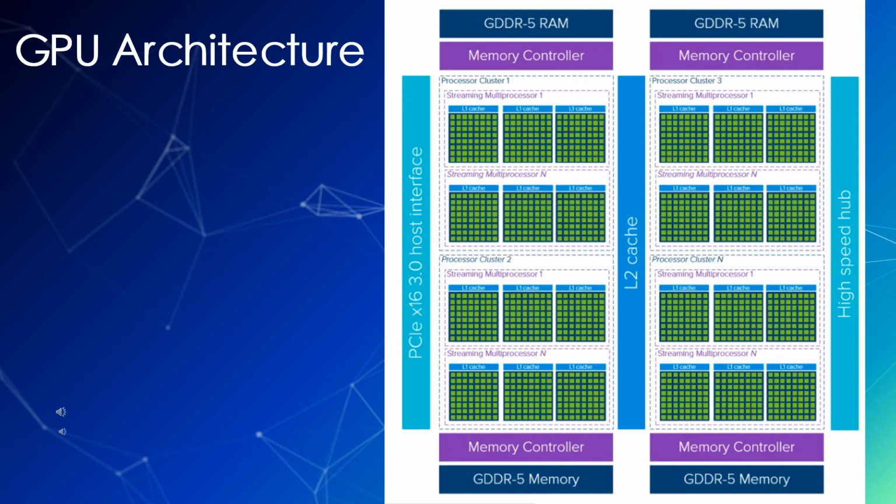For each streaming multiprocessor, we have a layer 1 instruction cache layer with its associated cores, and the cores contain the ALUs that execute the arithmetic operations. Typically, one streaming multiprocessor uses a dedicated layer 1 cache and a shared layer 2 cache as seen here. And that before it has to pull data from the global DDR5 memory.